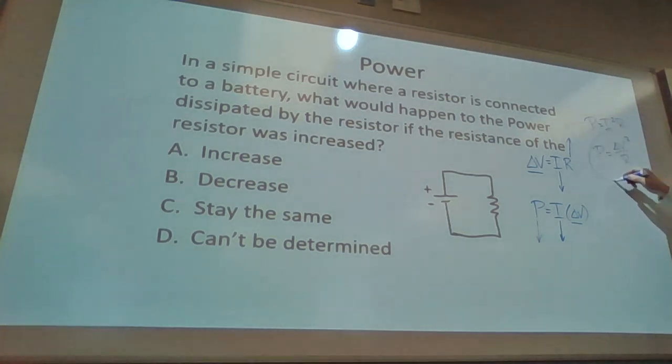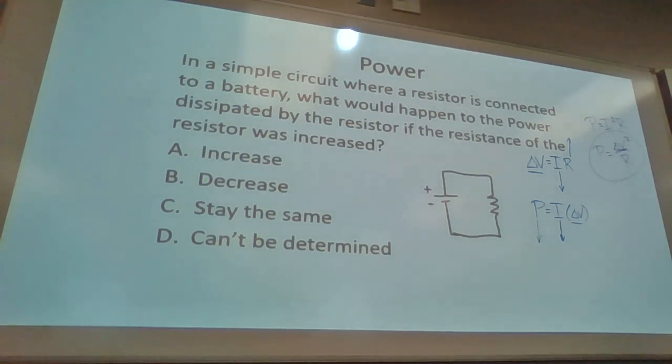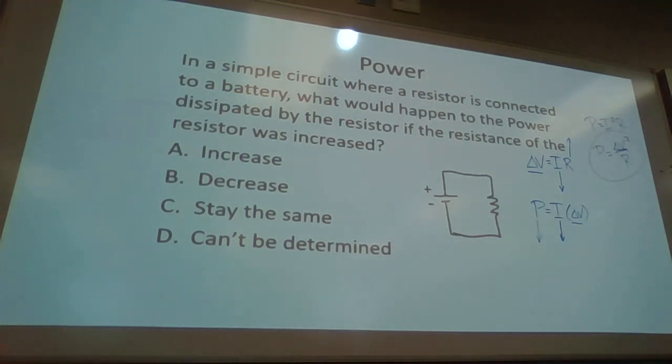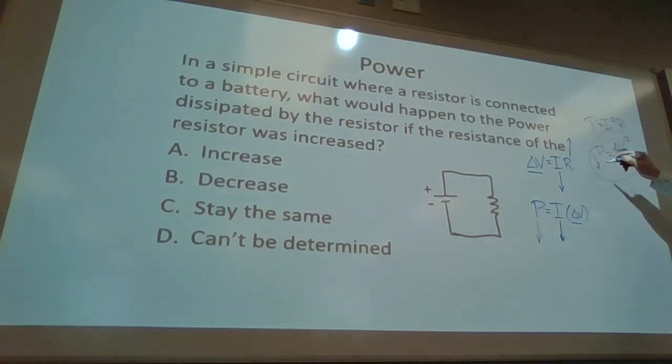So I'm going to focus on this one. The voltage is constant. Here, this changes, this changes, this changes. That's kind of hard, it's a little fuzzy. With this, if one of those is constant, you know how one affects the other. So as resistance increases, what happens to power? Decreases. JP.